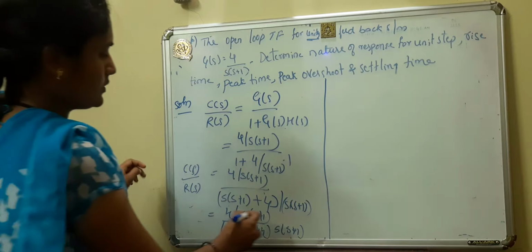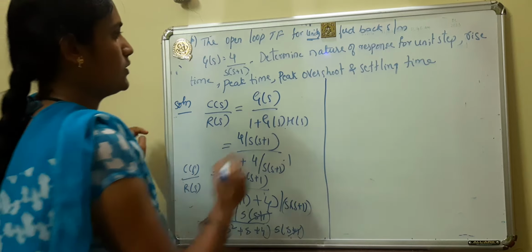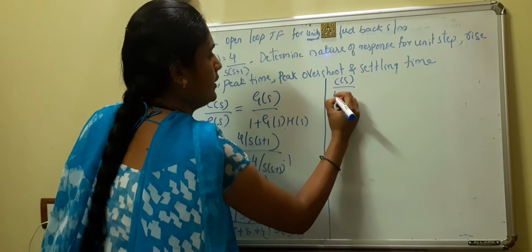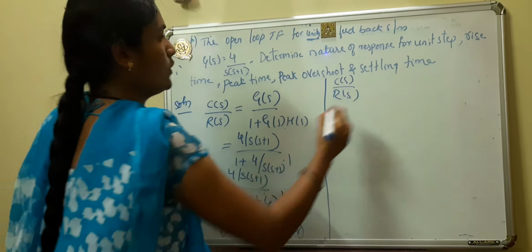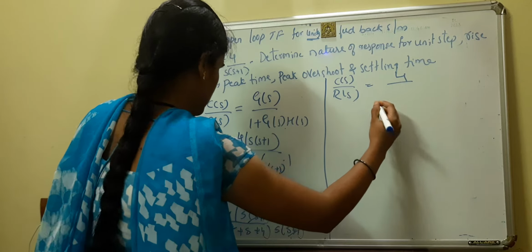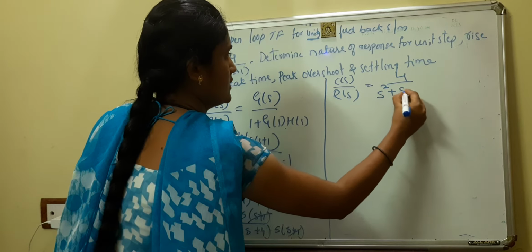Okay, simplify this one. This denominator cancels. So C(s) divided by R(s) is equal to 4 divided by s square plus s plus 4.